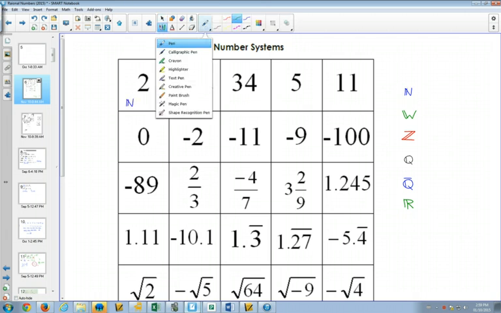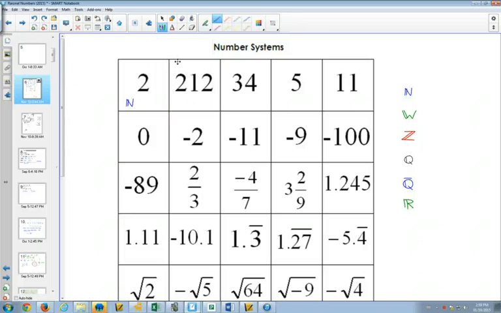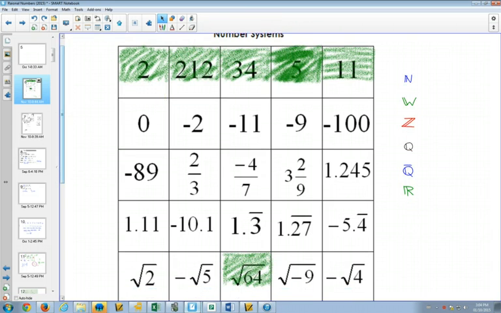I'm going to choose green for natural numbers, and I'm going to color this box in green. So there are the 6 that are natural numbers.